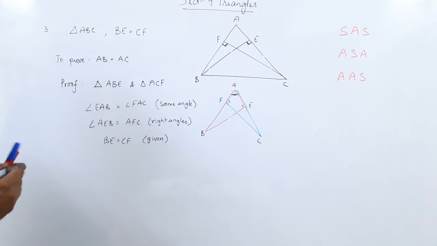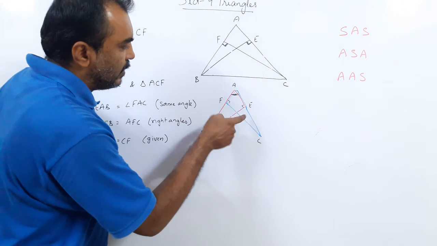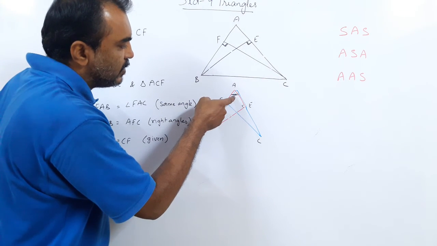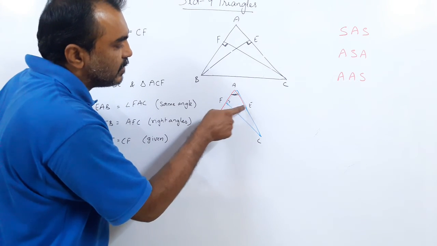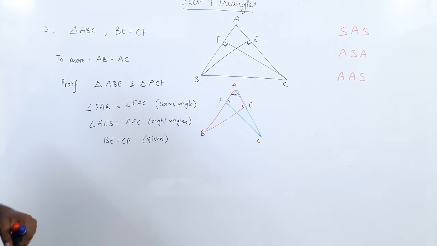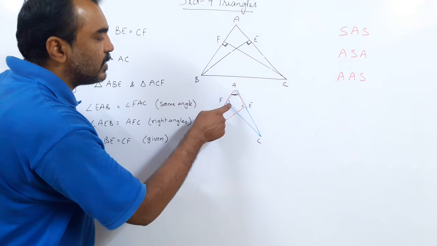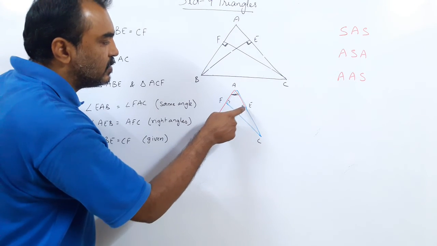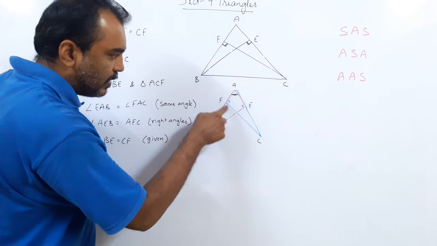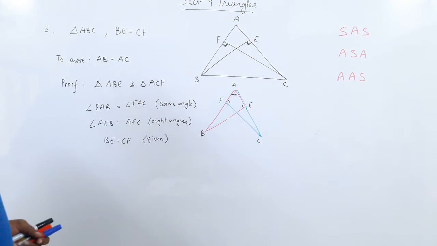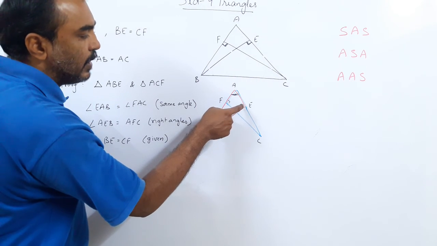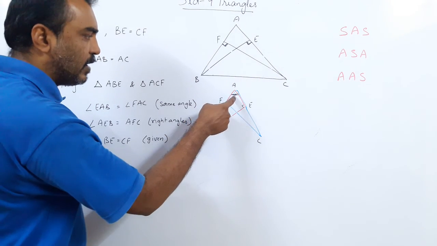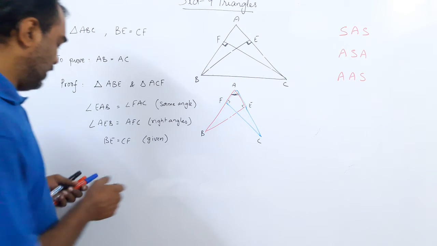So now look at the order. In the red triangle we start from here: this angle and this side. In the blue triangle, this angle and this side. So this side and this side are given equal. If you follow the order, I start from here: angle and this side, angle and this side are equal.